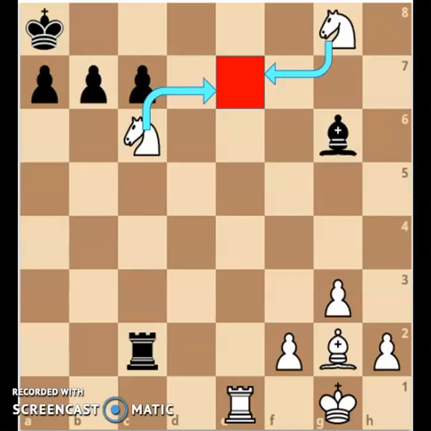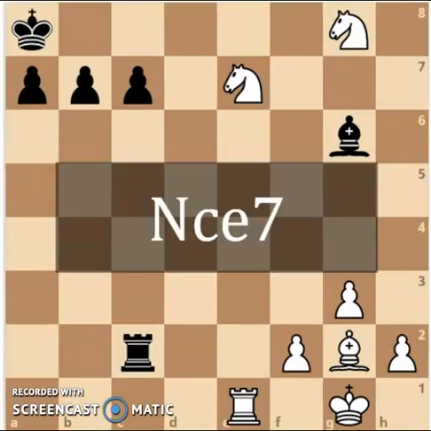If you simply write Ne7, it's wrong. So, to solve this problem, we write the file, the rank or both in rare cases where they were and which place they go to. In this example, we say it as Nce7, N for the knight, c for the file where it was and e7 for the destination square.